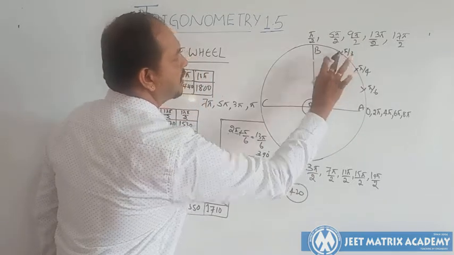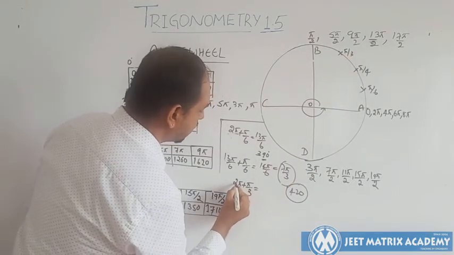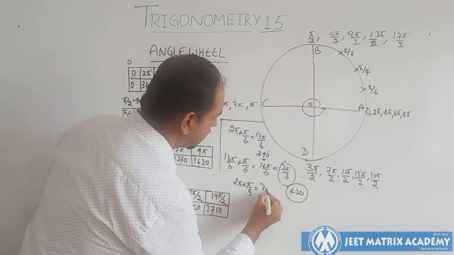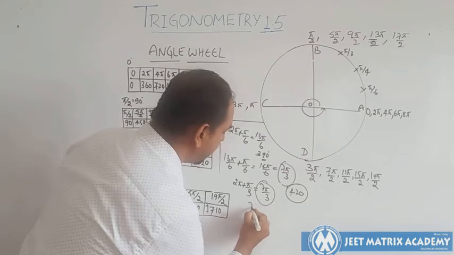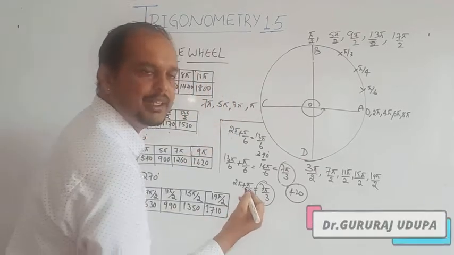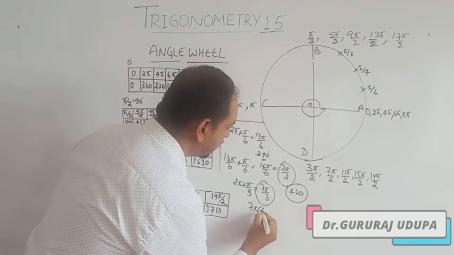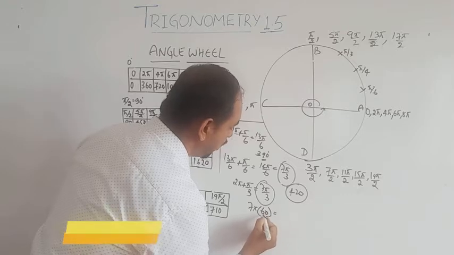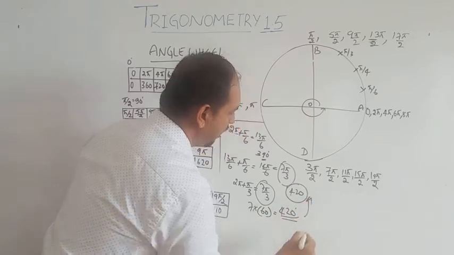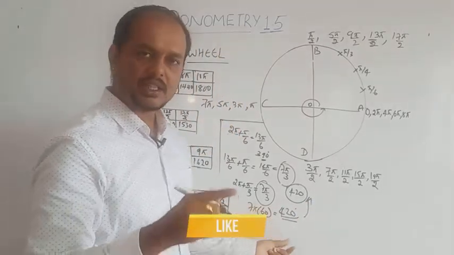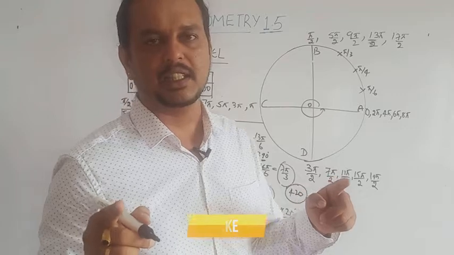From here I am adding 60, that means 6 plus 1, that is 7 pi by 3. Pi by 3 means 60 degree. So 7 6s are 420. Both are the same, both ways you can do. Just 7 into 60.